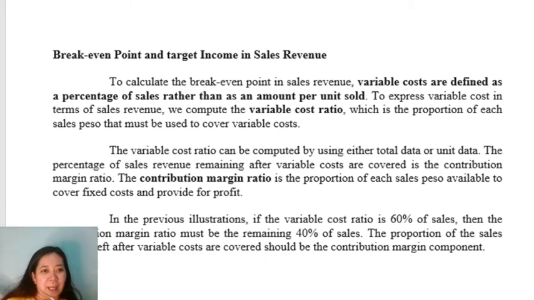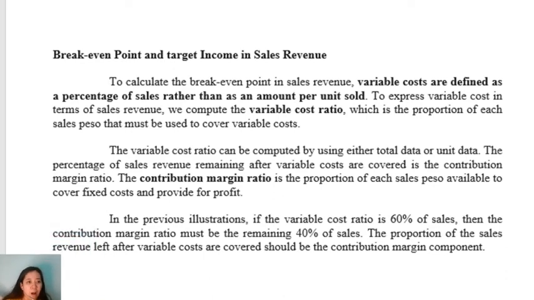Okay, so next is the break-even point and target income in sales revenues. Here, to calculate the break-even point in sales revenue, the variable costs are defined as a percentage of sales rather than an amount per unit sold.